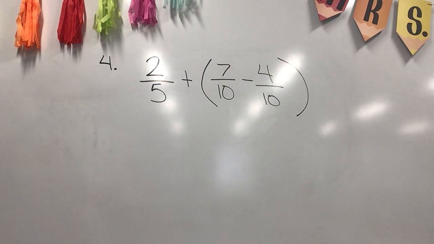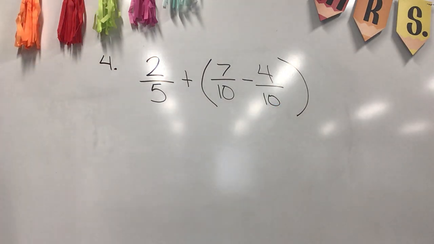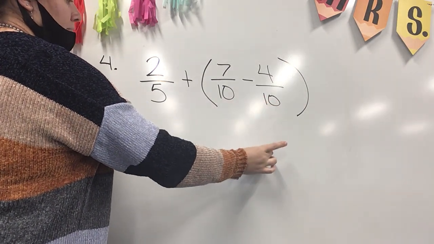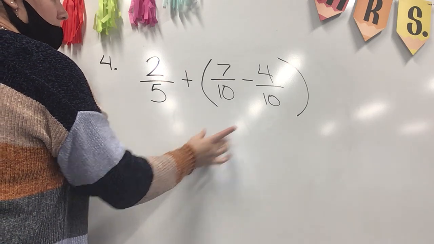So you're first going to do 7/10 minus 4/10. And here's why I said this is easy computation, because both of these already have a common denominator. So that's super easy for you guys. Then you need to take your answer here, write it down below, bring down your next part, and you're adding 2/5 plus your answer from here.